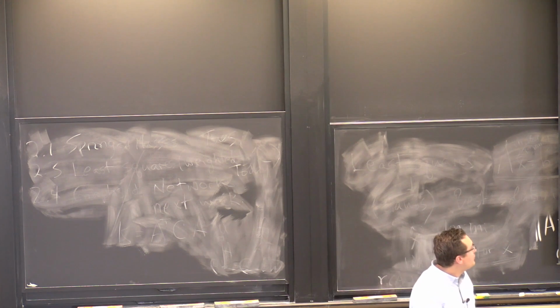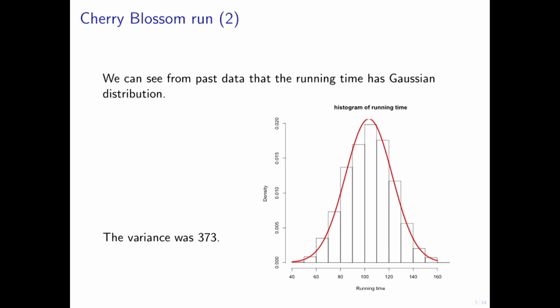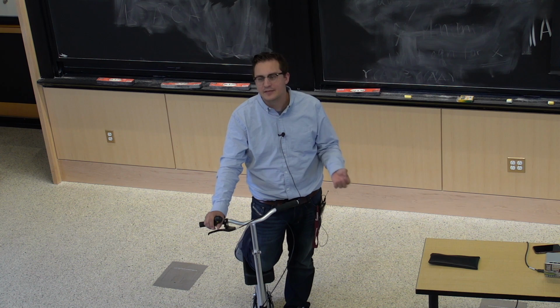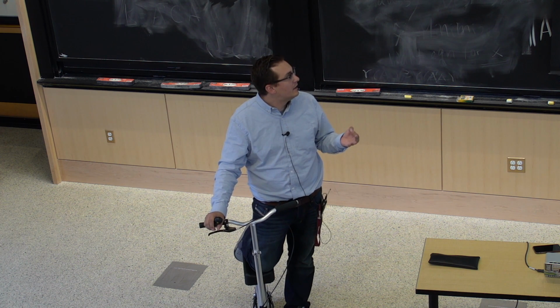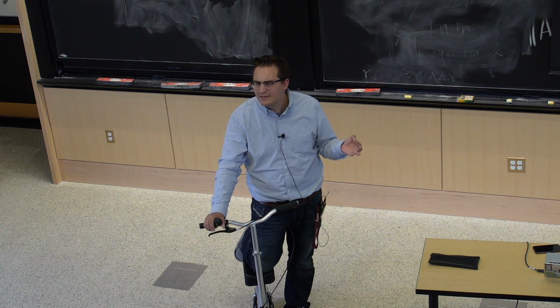But it turns out that if you actually plot the histogram of those running times for all 15,000 runners in 2009, you are pretty happy to see that it really looks like a bell-shaped curve, which suggests that this should be a Gaussian. So what you go on to do is you estimate the mean from past observations, which was actually 103.5, as we said.